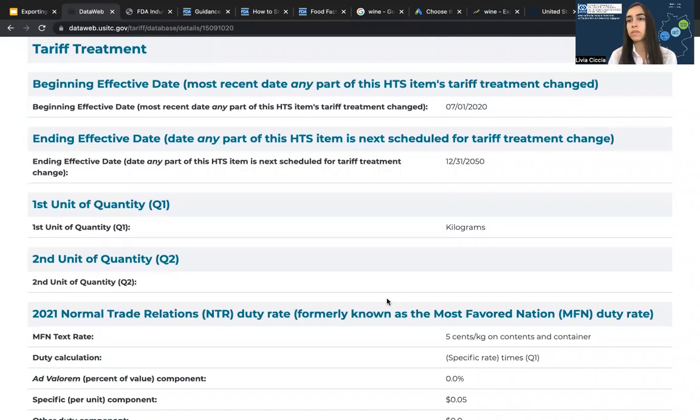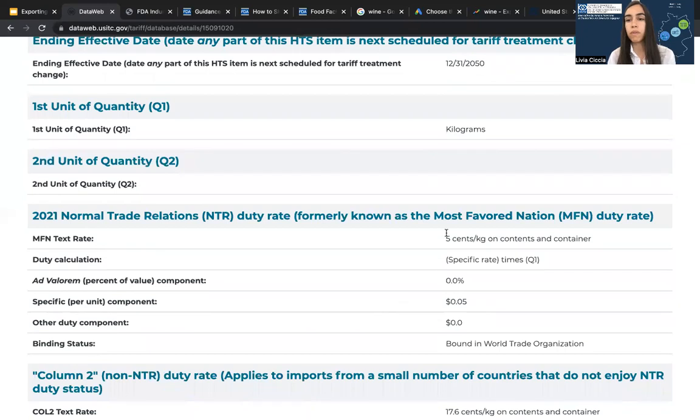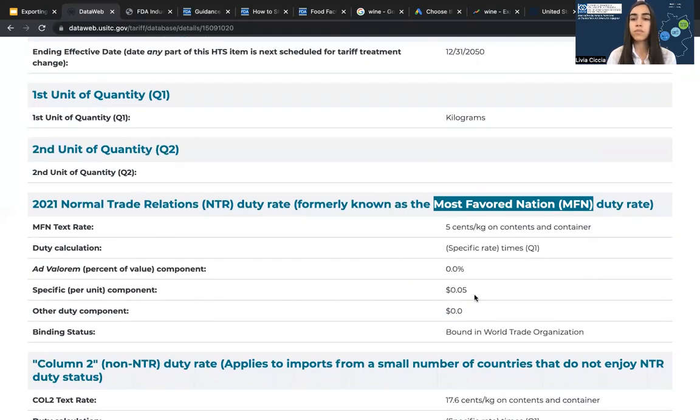Regarding the EU, since there is no free trade agreement, the European Union is subject to a tariff that is called the most favored nation. And this means that for each unit, we have a 0.05 cent of US dollar tariff.